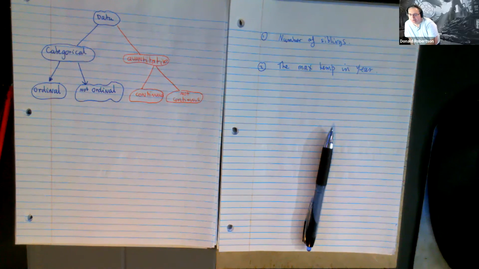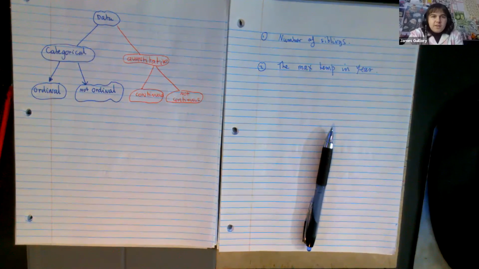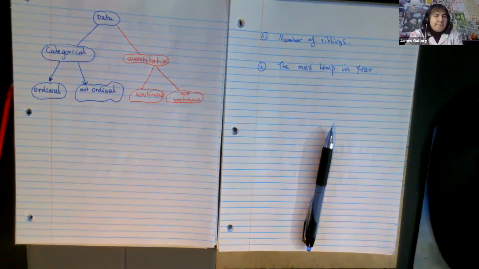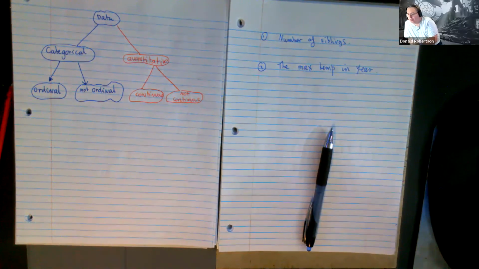Quantitative or categorical? Quantitative, correct. Continuous or not continuous? Continuous. Yeah, because can't you get 91 or 92 or 91.1234, right? Anything in between can happen.